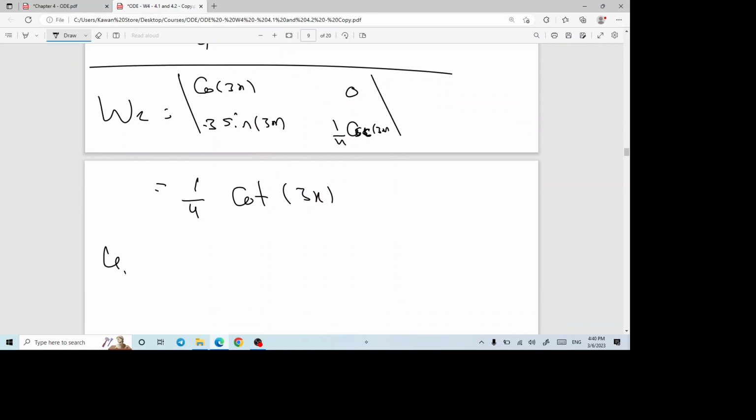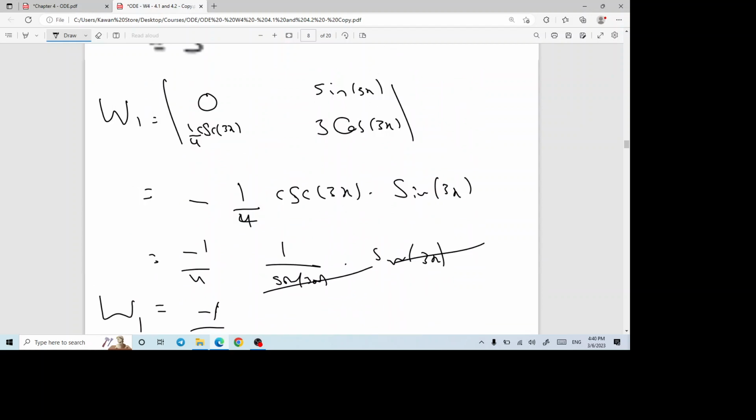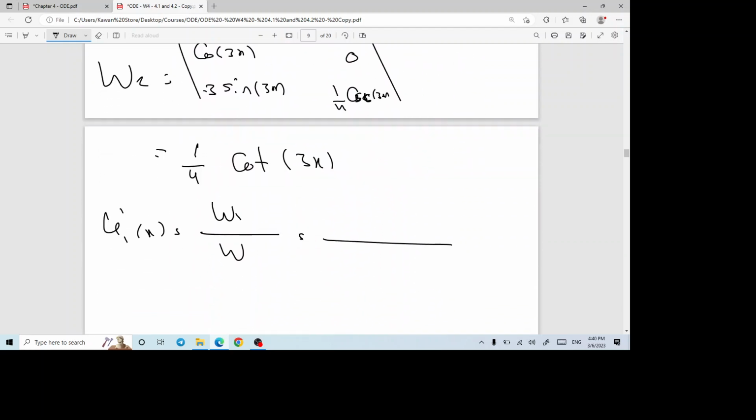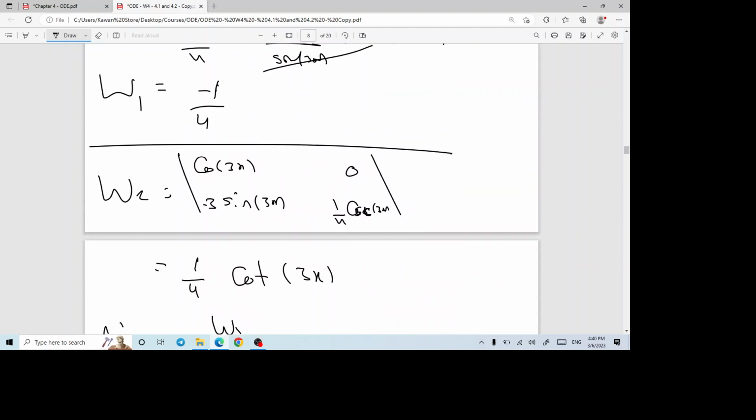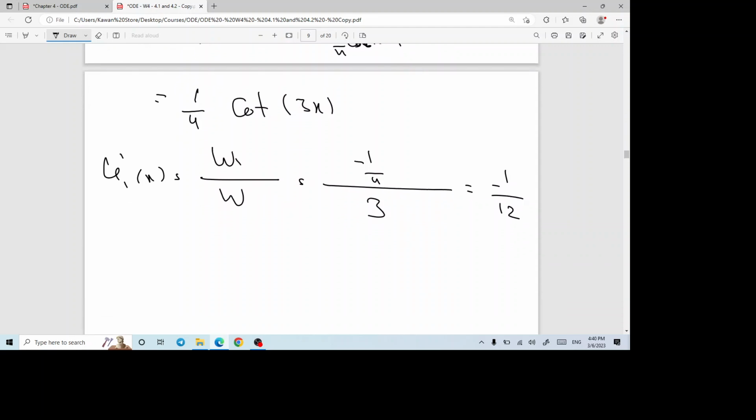So now u1 prime is equal to what? It is W1 over W. W1 was minus 1 over 4 and W was 3, so u1 prime is minus 1 over 12. How about U1?